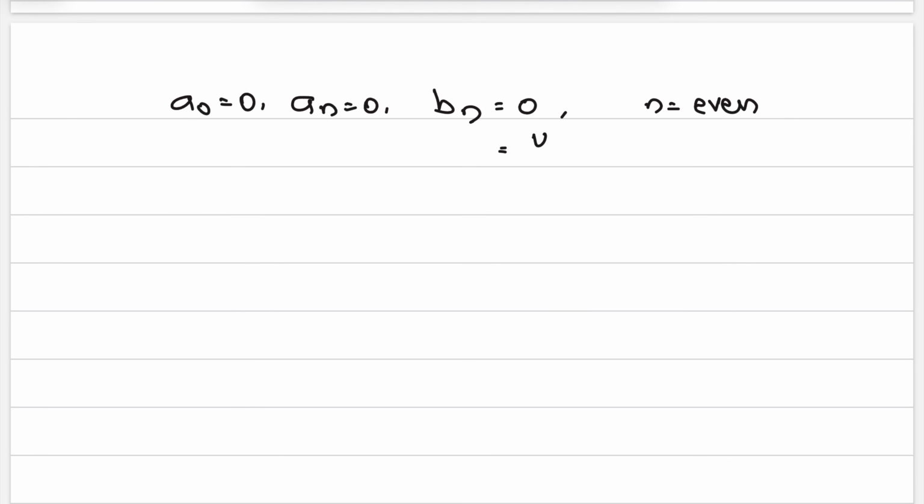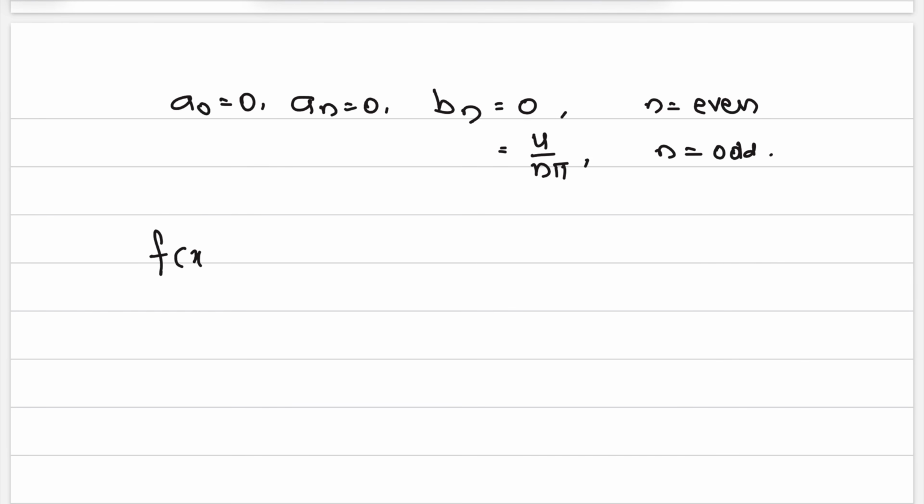This is equal to 4 by n pi when n is equal to odd. We have got now A0 value, An value, Bn value. Now we'll combine all these and find the series.